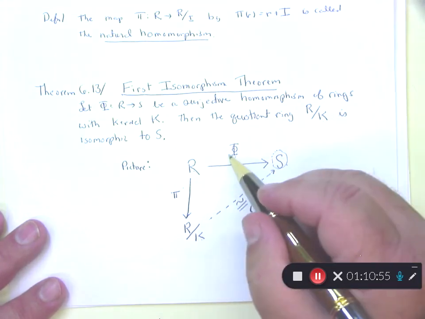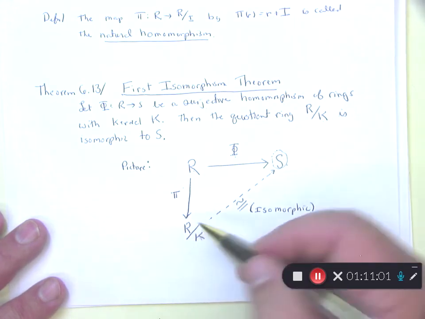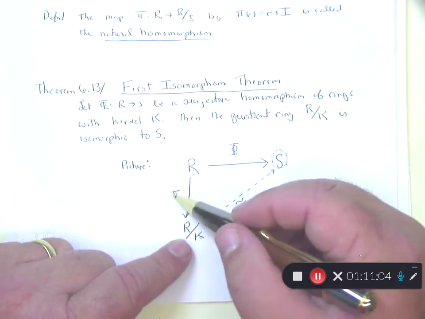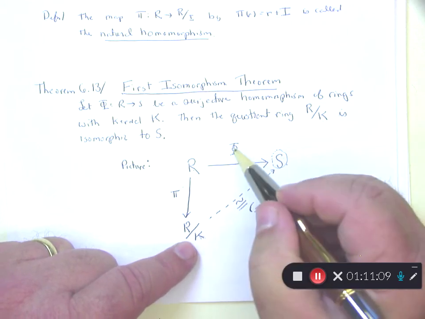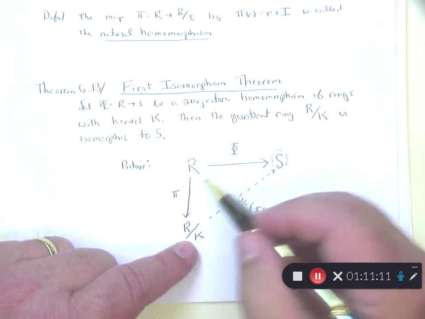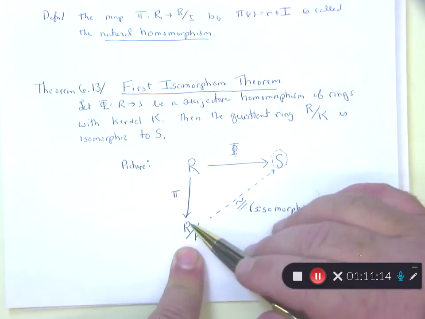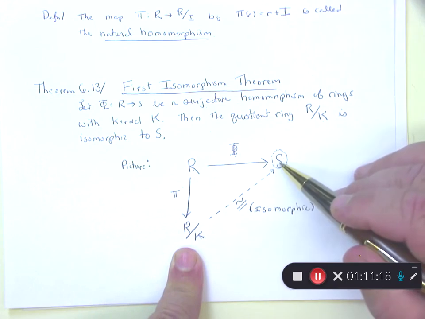But K, the kernel of phi, is a set of elements which is an ideal, so you can mod out by it, and this is actually a quotient ring. So pi will just take R into R mod K, where K was the kernel of the original phi map. Then you automatically get that R mod K, this quotient ring, is actually going to be isomorphic.